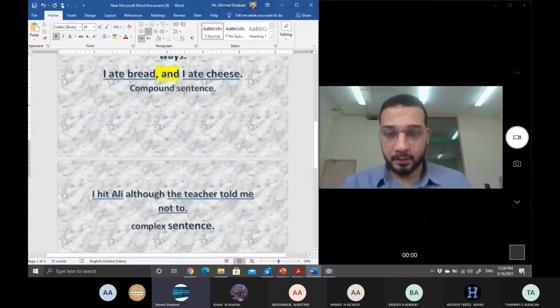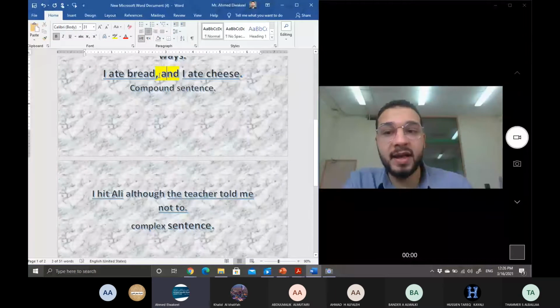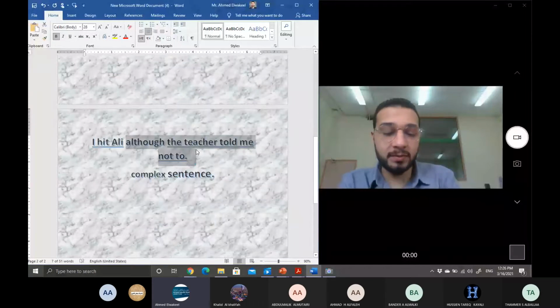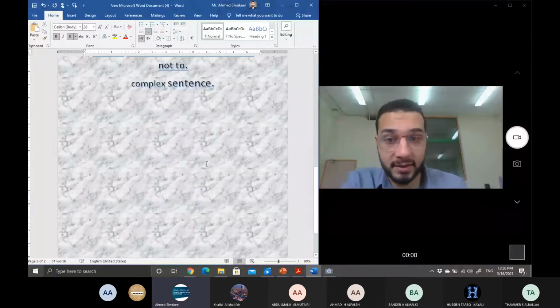When you have an independent clause and another independent clause, and in the middle you have a comma and a coordinating conjunction, that's called a compound sentence. On the other hand, when you have an independent clause and a dependent one, that's called a complex sentence.